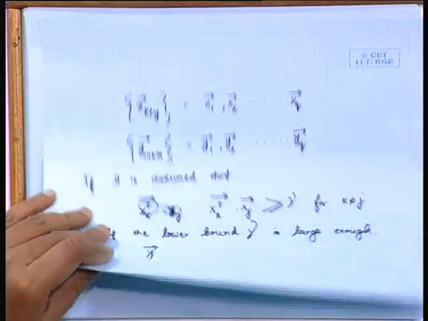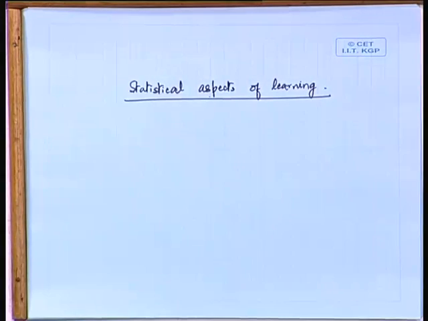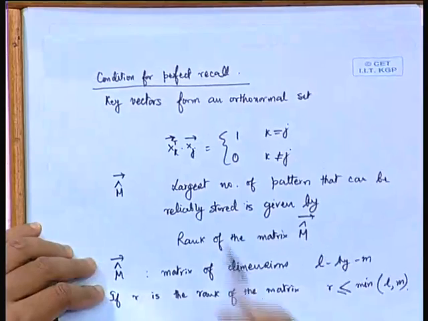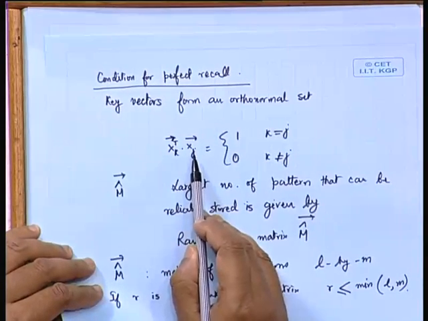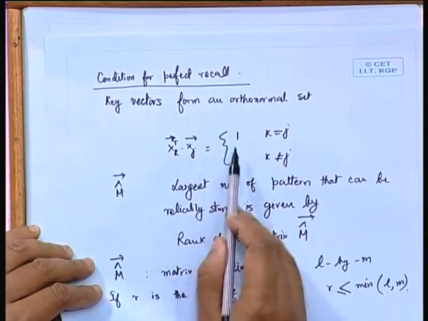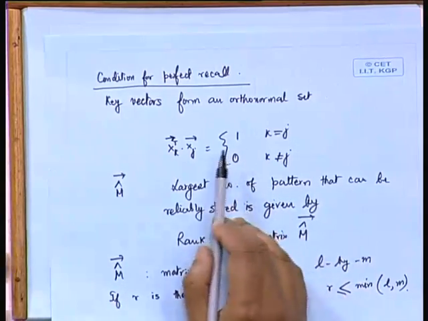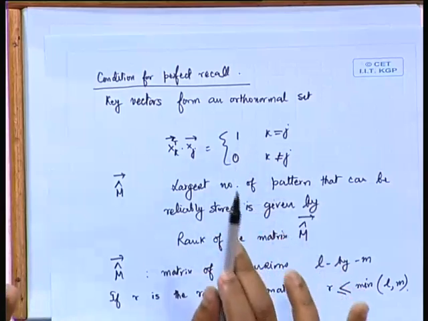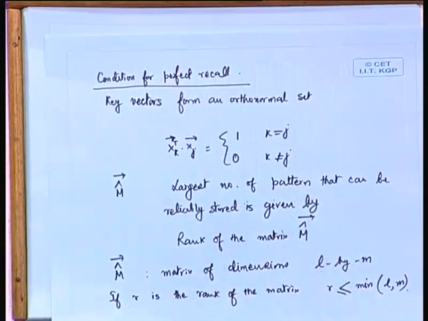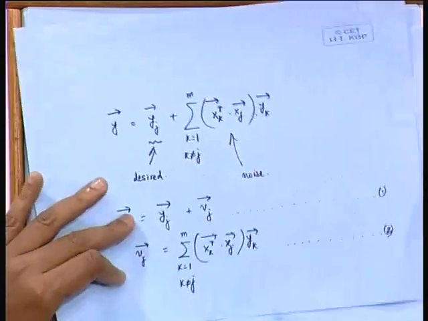When we were talking of this condition xk transpose xj, we considered that for all the combinations of k and j this condition is fulfilled. Because only when all these are fulfilled are you going to get a perfect recall.